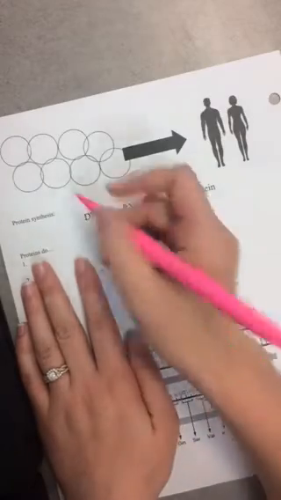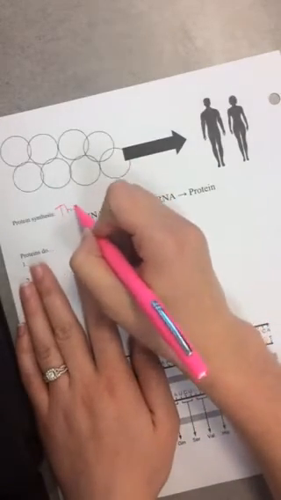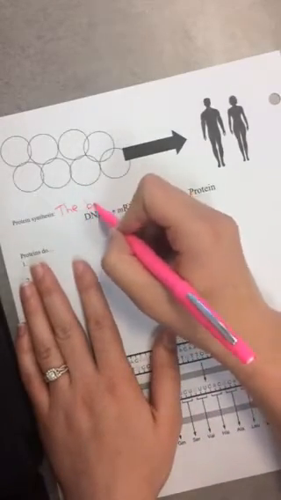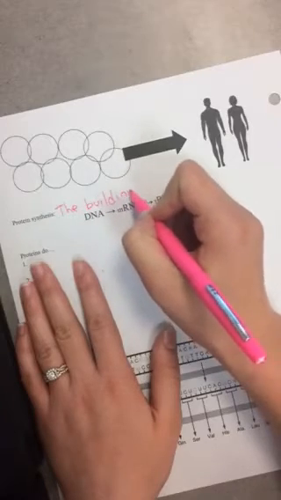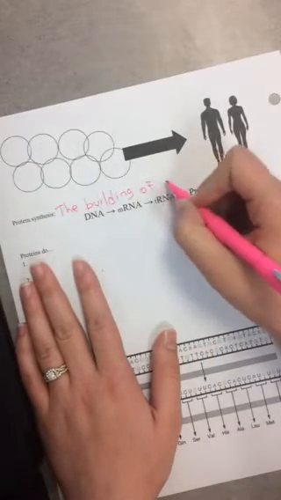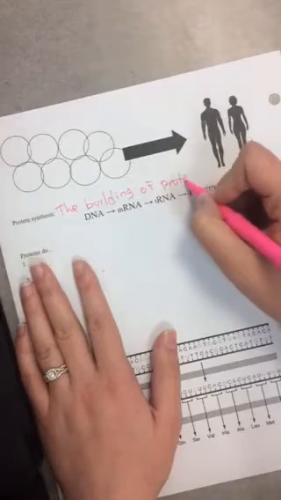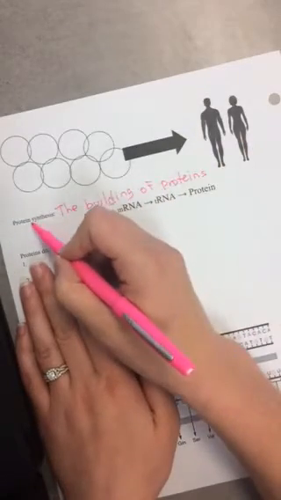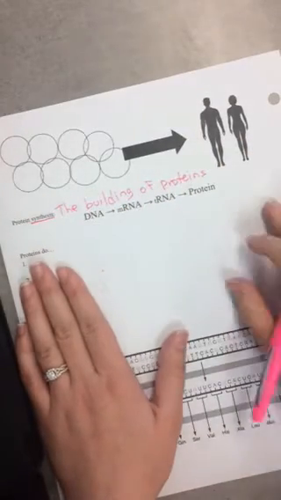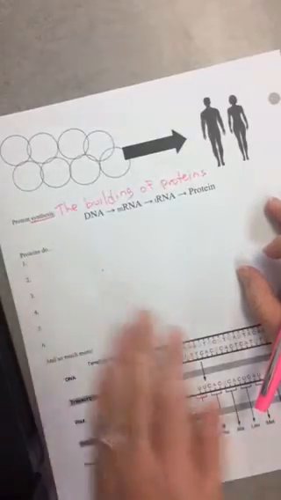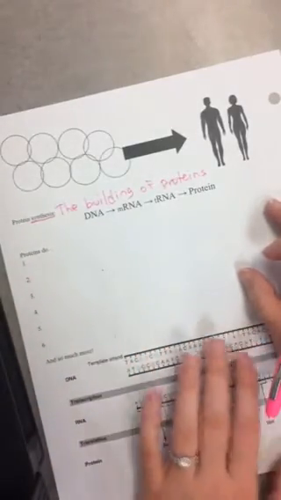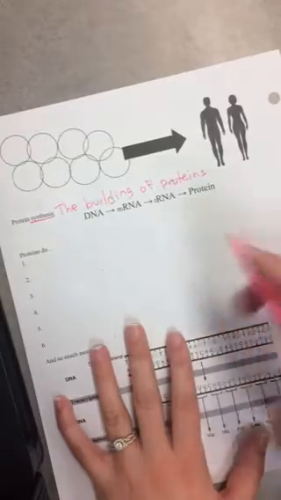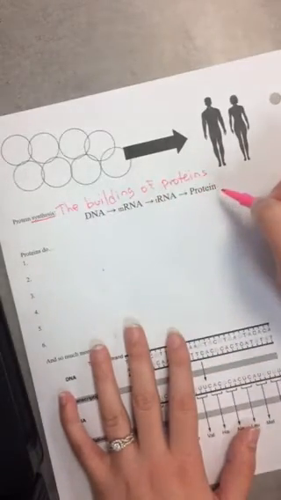Protein synthesis is simply the building of proteins. Synthesis literally means to build. So how do we build proteins? It all comes from our DNA. Our DNA codes for proteins.